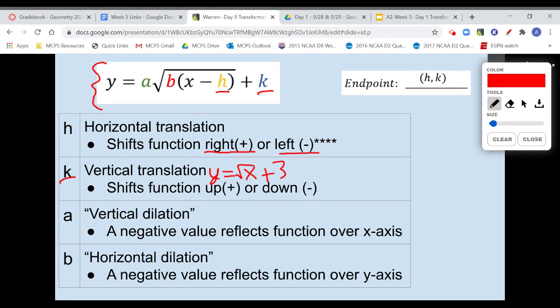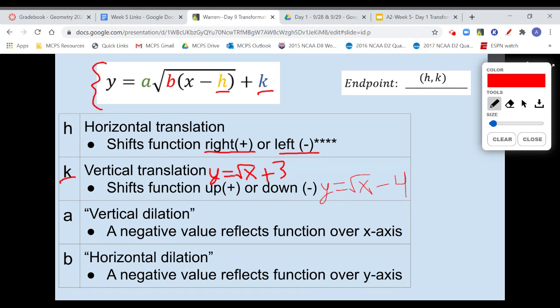Whereas an example where we would be shifting down could be y is equal to the square root of x minus 4. Since I'm subtracting, it would shift the function 4 units down. And again, we call that shift a translation. And hopefully that terminology is feeling familiar to you from what you learned in geometry last year.